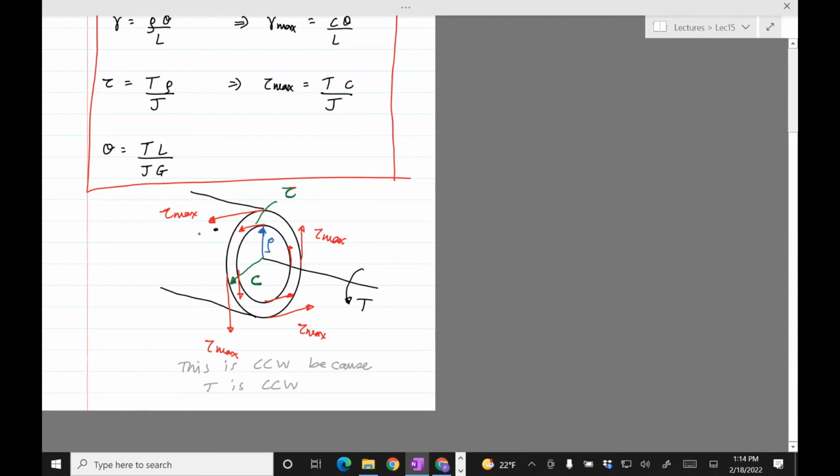The arrows on the inner radius are tau, and the arrows on the outer radius are tau max. The other way people like to show this is a circle, tau max, that's tau, and obviously it's 0 at the center, so you can draw a straight line because it's linear.